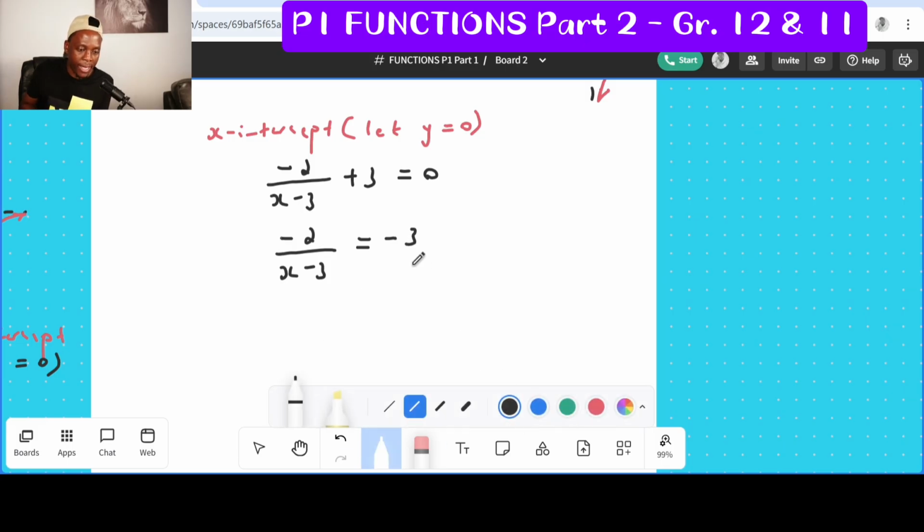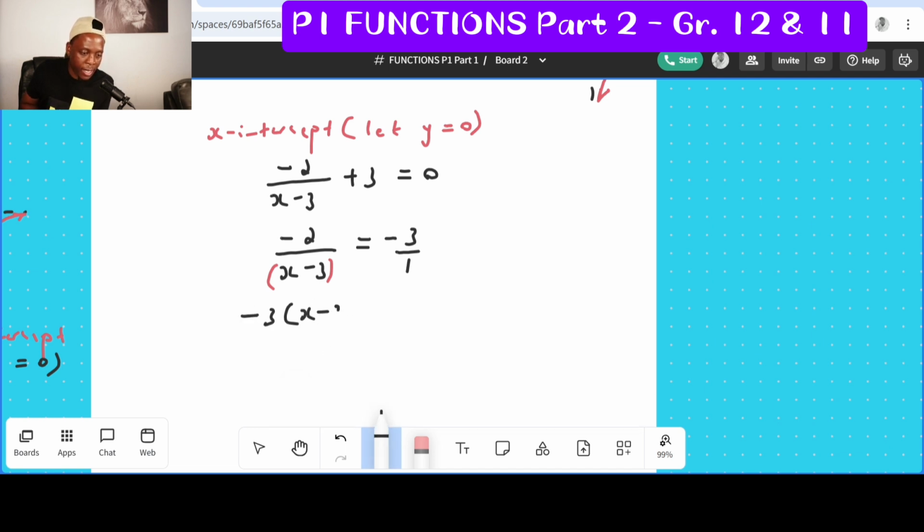Now remember, it's actually -3 over 1. This makes it easier to cross multiply. So this -3 will multiply everything here. So we are talking about -3 multiplying x minus 3, and then -2 times 1, that will be -2.